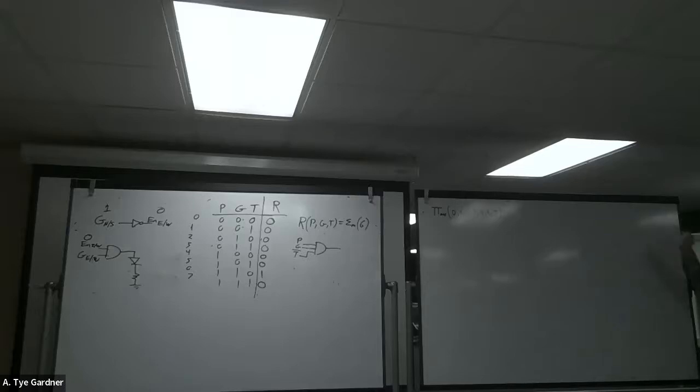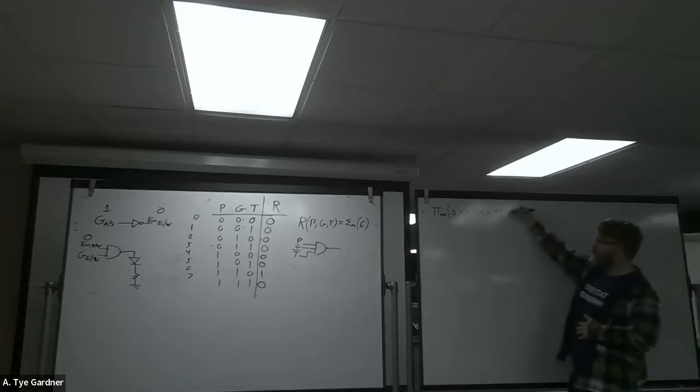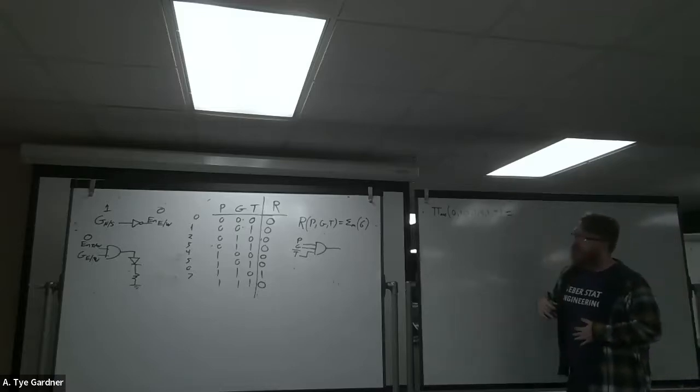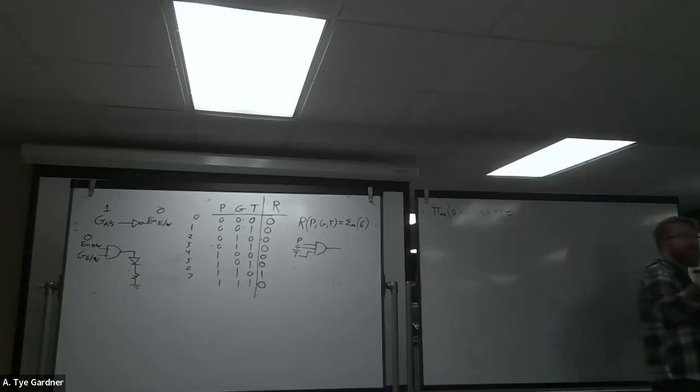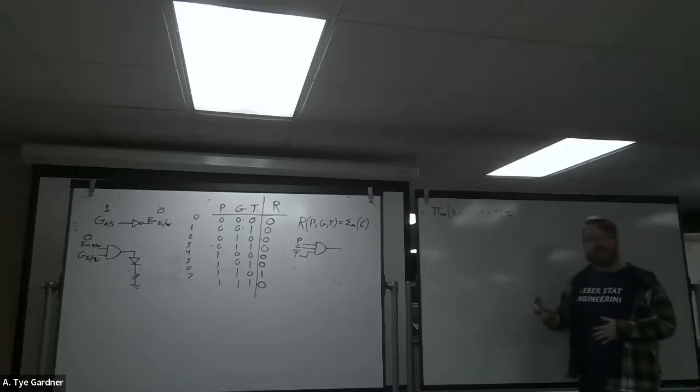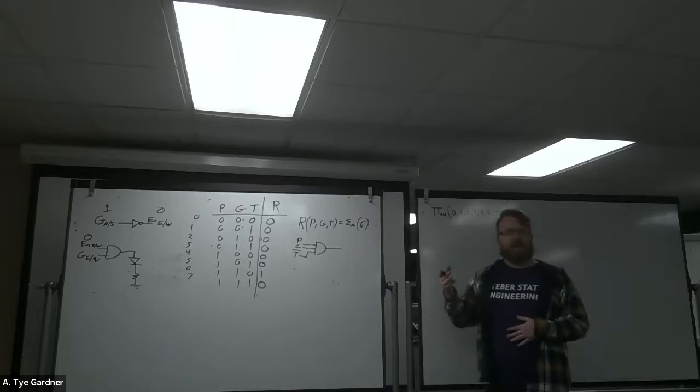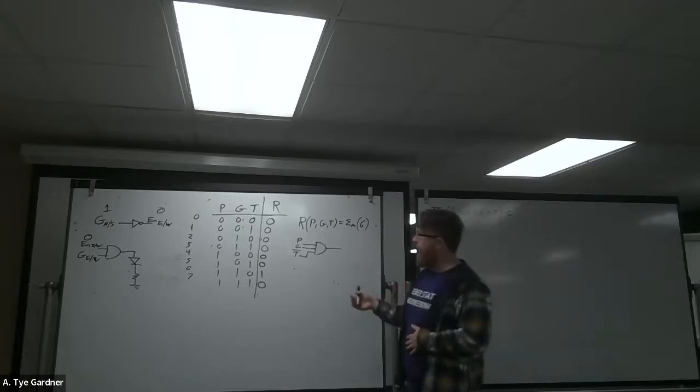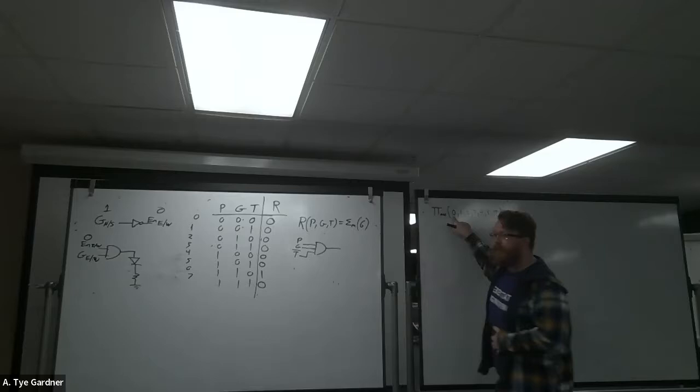So this is the max term expression, and I get to say it is equal to something. Well, in this case, it cares what the zeros are. Okay, the min terms care what the ones are doing. The max term cares what the zeros are doing. So what I do is I go over my truth table and I see a 0.